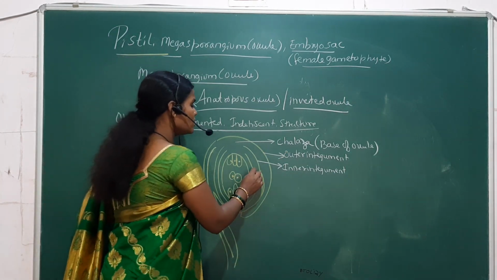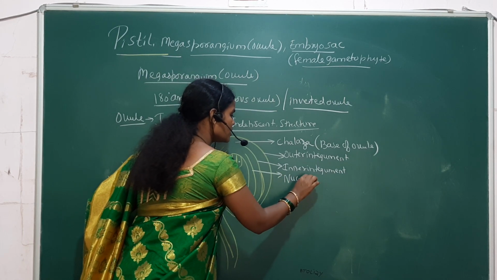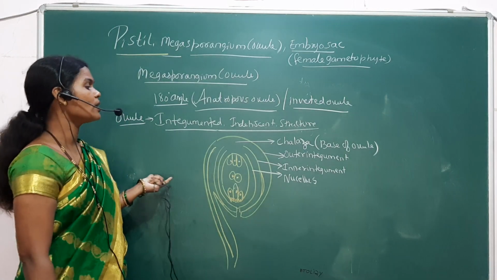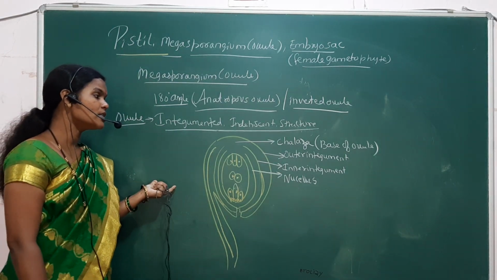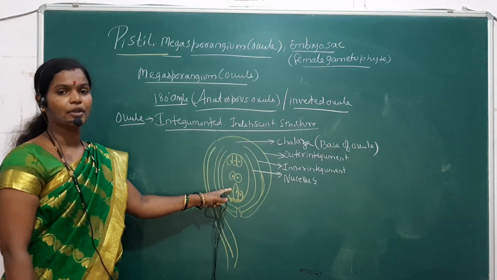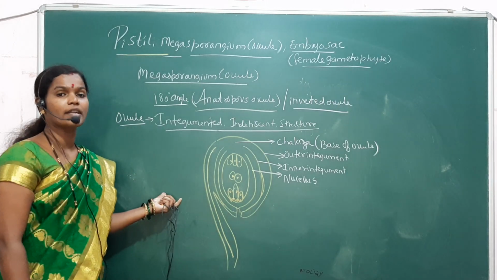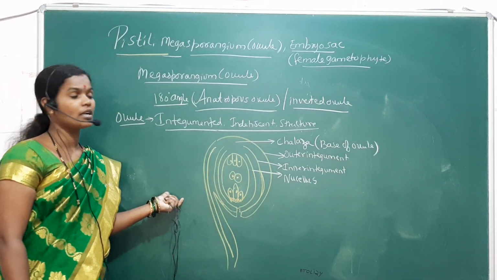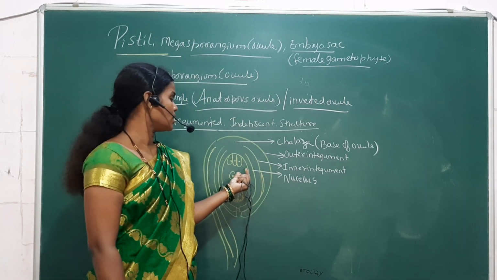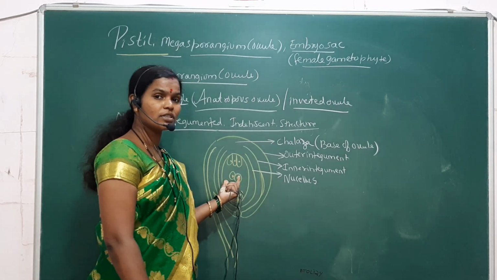Next we are going to see the nucellus. Now students, nucellus is a diploid sporophytic tissue which provides nutrition to the embryo sac, and this nucellus consists of parenchymatous cells. Once again I'll repeat, it is important. This point is very important because it is on this base only that the embryo sac development occurs.